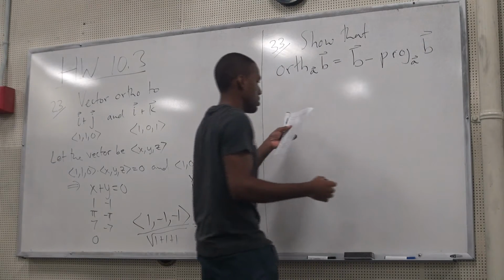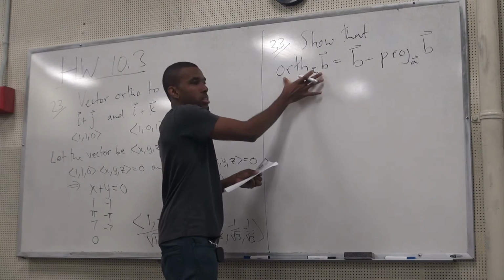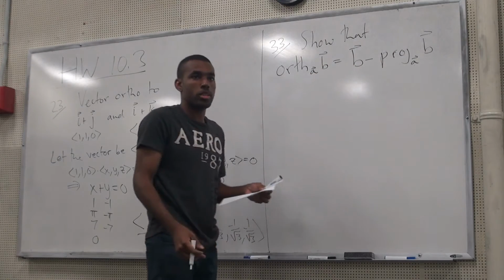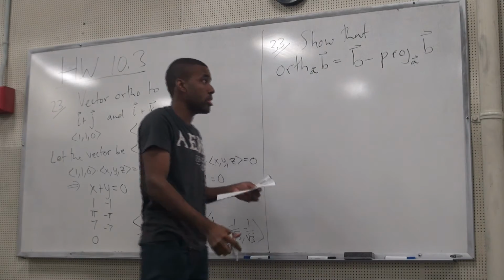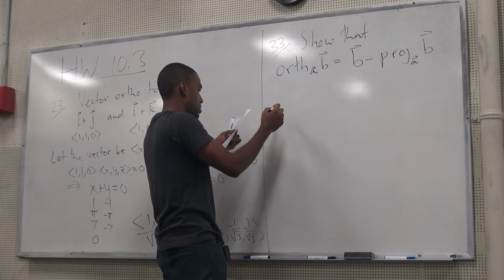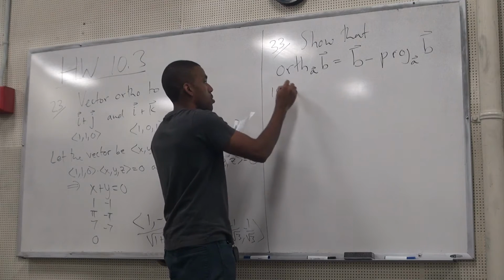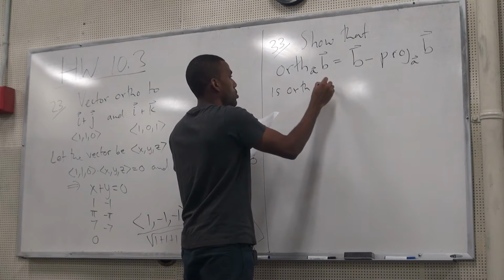They're defining this to be that expression. They're saying this is a new kind of projection we're going to talk about. This is its definition, and show that it is orthogonal to the vector A.